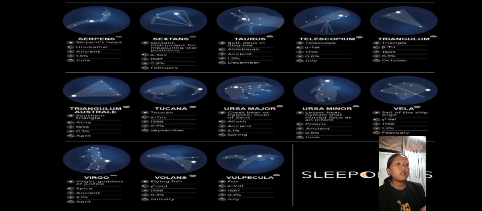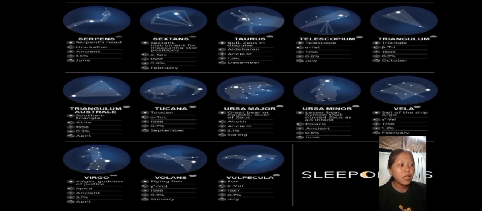And then Serpens, the serpent's head. Sextans, instrument for measuring star position. And Taurus, the bull, as we discussed last, Zeus in disguise. Telescopium, telescope. Triangulum, the triangle. Triangulum Australe, southern triangle.